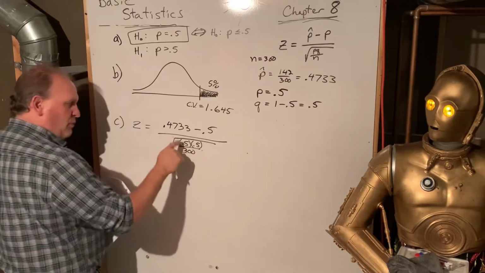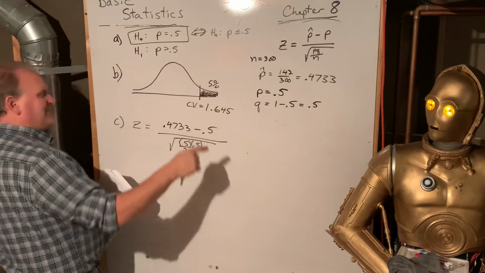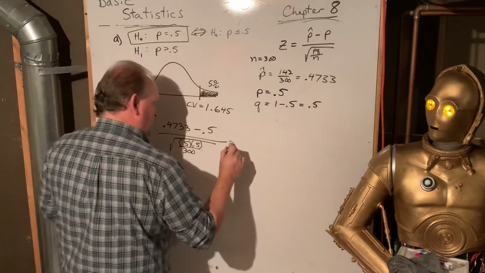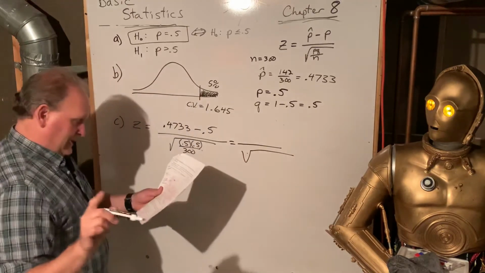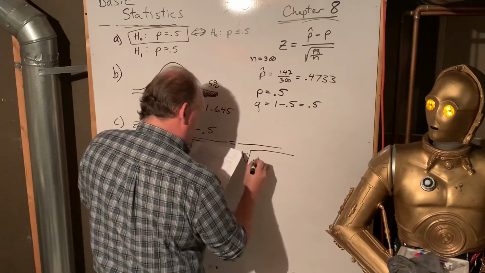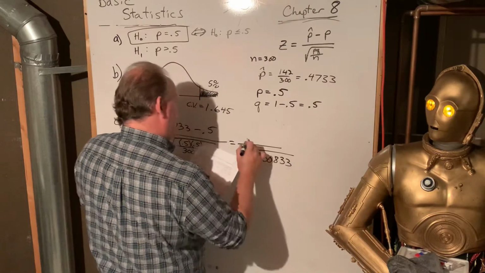So you do 0.5 times 0.5 divided by 300, do that all in your calculator, and then take the square root of that number. So here, I'll show my work. That's a really tiny number, 0.000833.